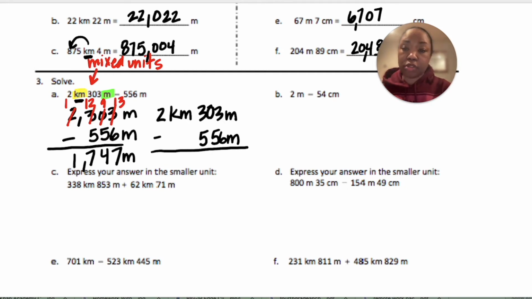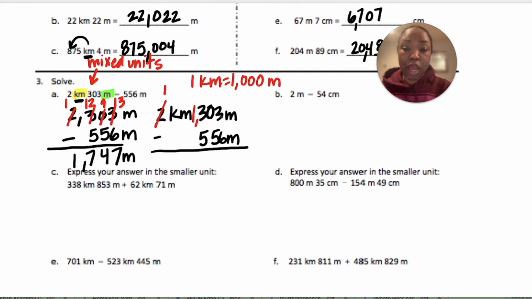So I'm going to have to take one of these kilometers and add to the meters. I'm taking 1 kilometer. 1 kilometer equals 1,000 meters. So I'm going to add 1,000 here.